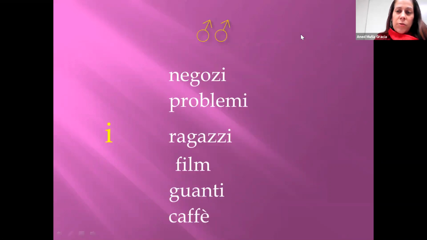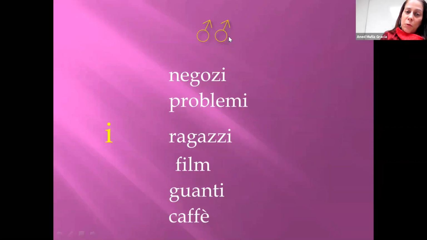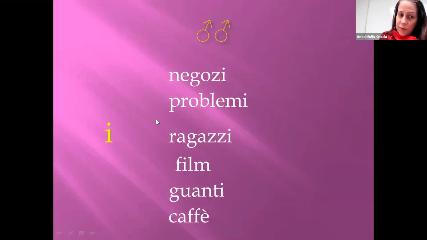Now, for the plurals, you see you have more choices for the singulars than for the plurals. If it begins with a regular consonant, and this is masculine plural, right? Not any of those special ones, the article is going to be simply i. The majority of nouns are actually this kind. Negozi, problemi, i ragazzi, i film, i guanti, i caffè.